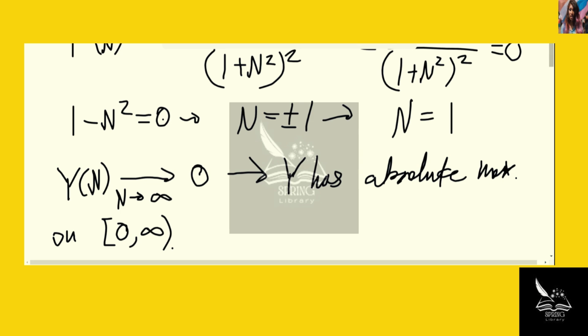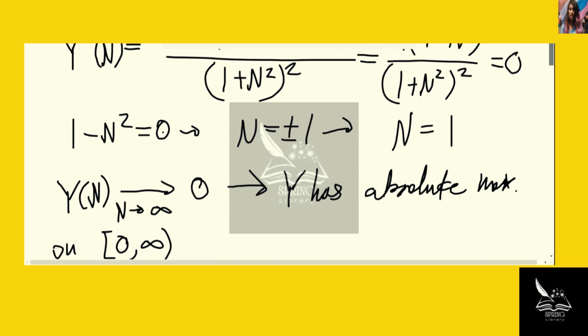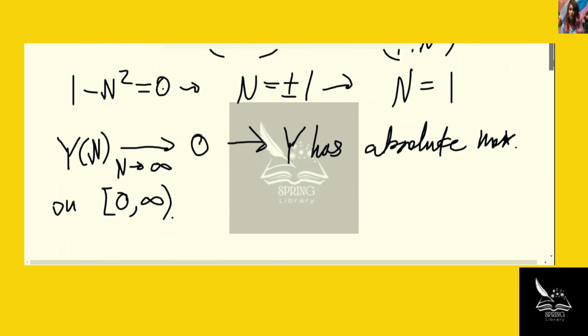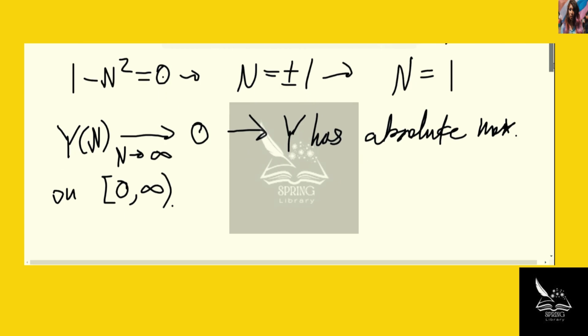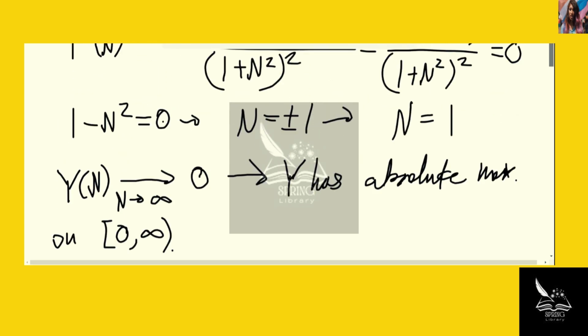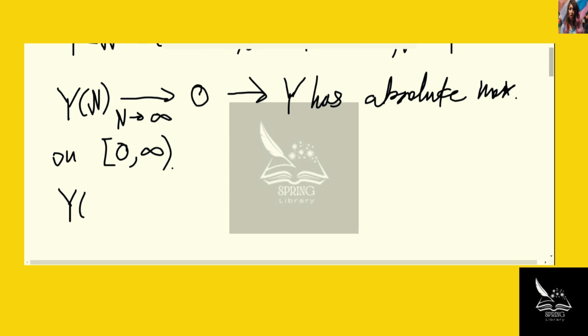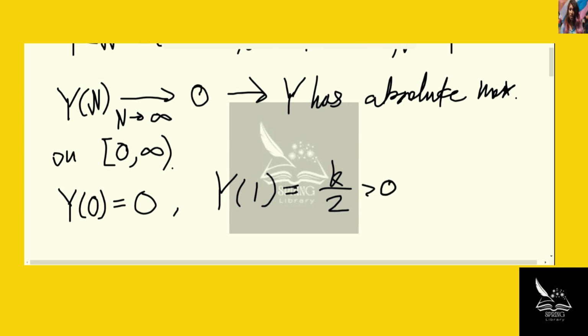So we're going to have to compare the values of y at our critical point, n equals 1, and at the boundary 0. So y of 0 is simply 0, whereas y of 1 is equal to k over 2, which is of course greater than 0 because k is positive.